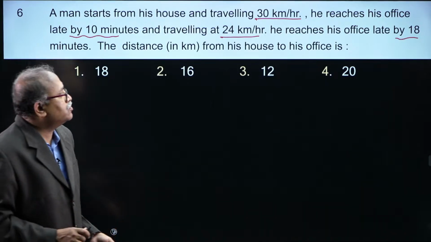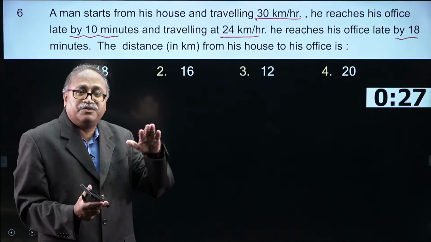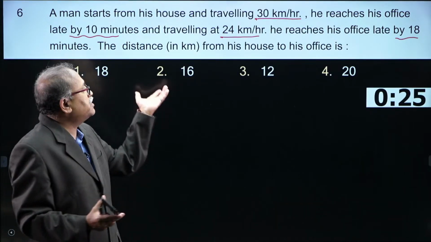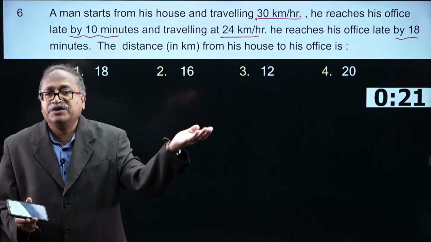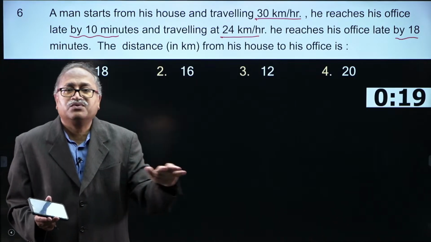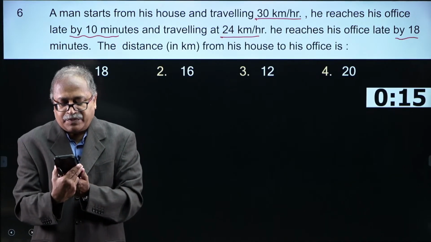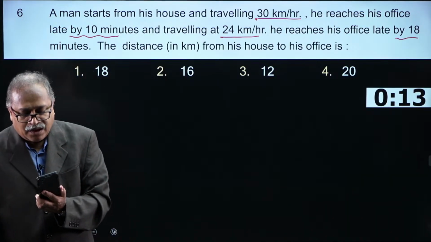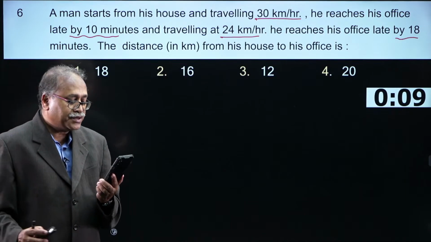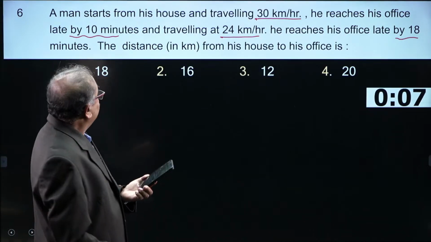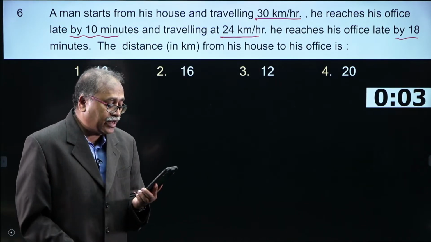Anyhow, I place the question at the repeated model. A similar type of question previously we have done. Distance is equal to S1 into S2 by S1 minus S2 into delta T. Answer it. 16. Appalnaidu has said 16. How about Abdullah? Sheikh Abdullah? 16, that is option 2. Still 5 seconds is there at my end.